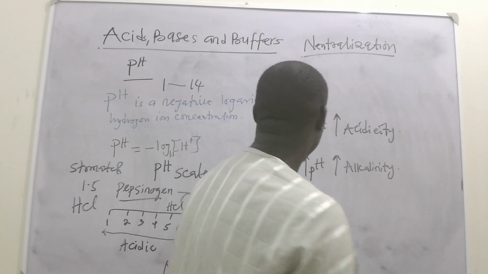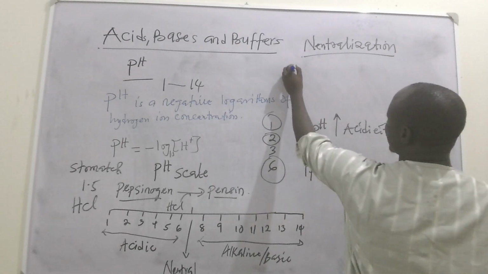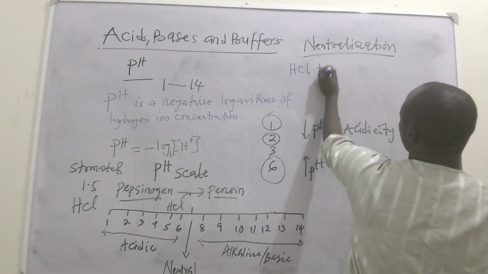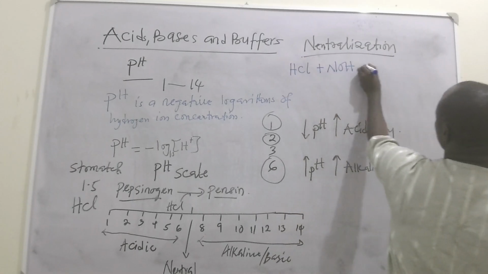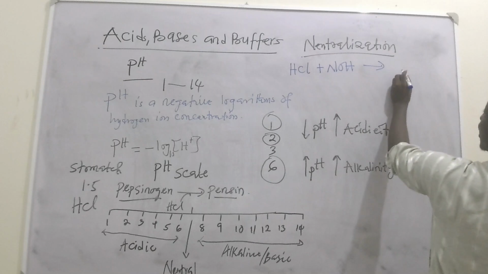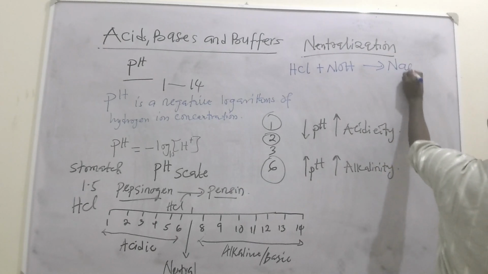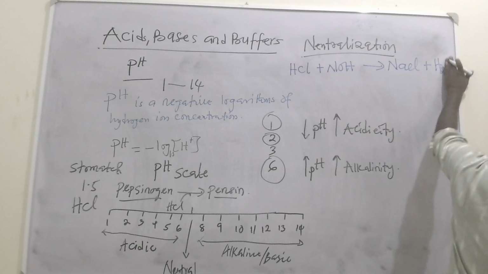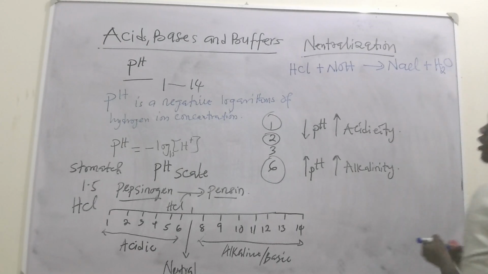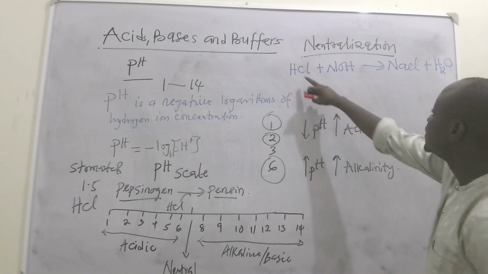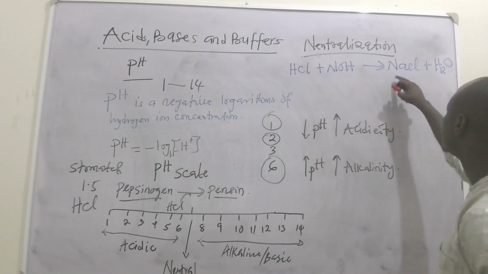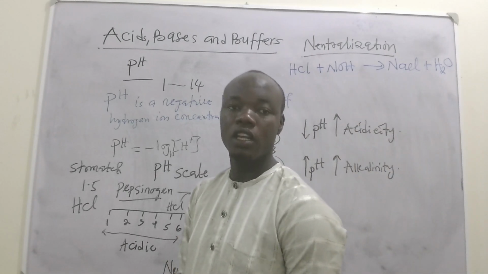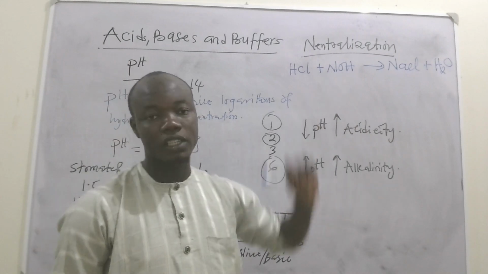An example is when we have HCl with sodium hydroxide, then we are going to have sodium chloride plus H2O. This is the acid, this is the base, and this is salt and water.